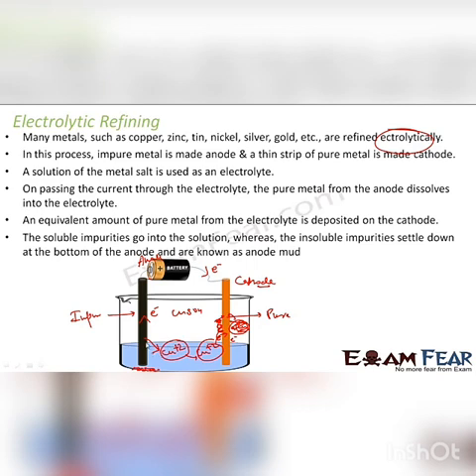So the mud and other elements will fall down, and when the copper loses electrons, the electrons flow from here. Copper ions will be part of the copper sulfate solution, and now we have more copper in the copper sulfate solution. Since we have more copper in the solution, we have these free electrons here at the cathode.